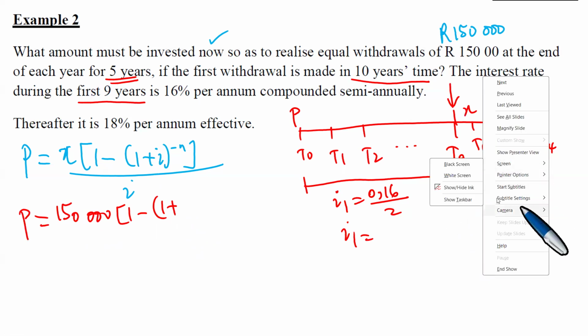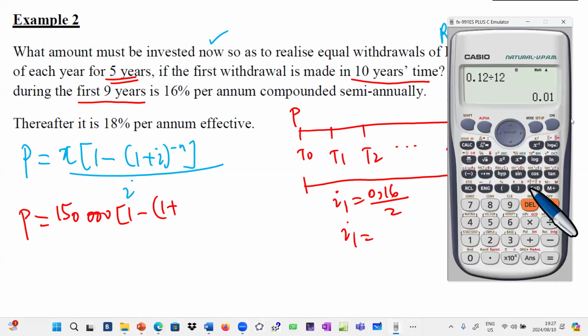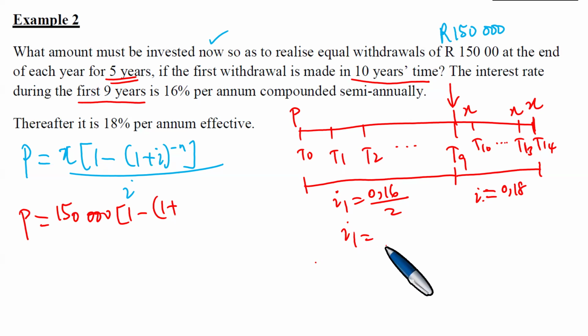You can simplify this one. 0.16 divided by 2, 0.08. So you have 0.08. That's fine.